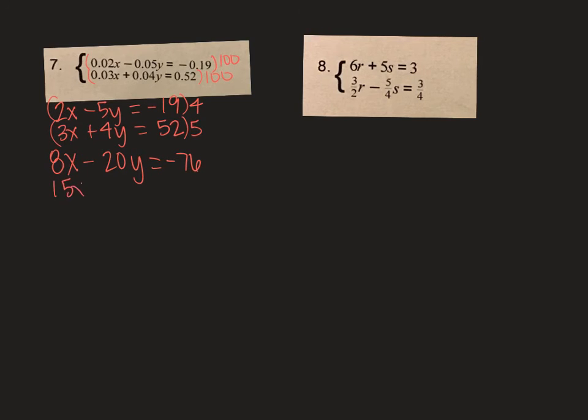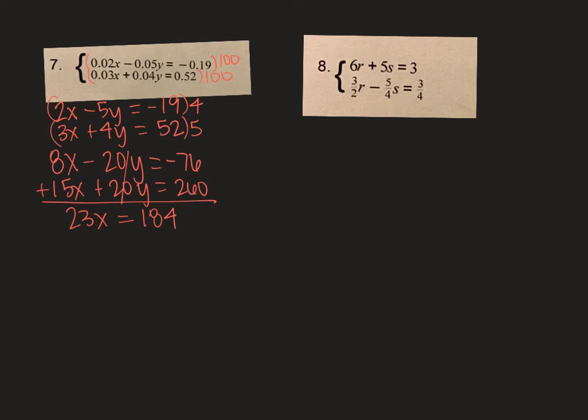And then 15x plus 20y equals 260. So I'm adding. 8x plus 15x is 23x's. Negative 20y plus 20y is 0. Negative 76 plus 260 is 184.